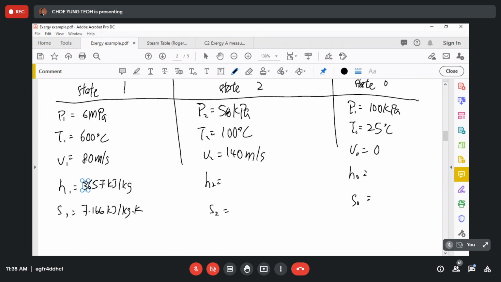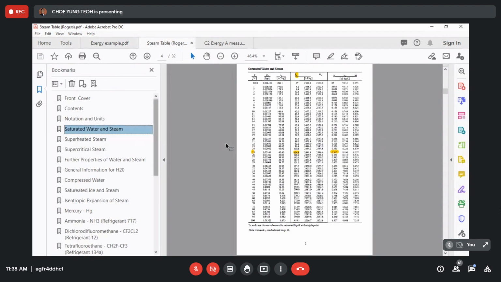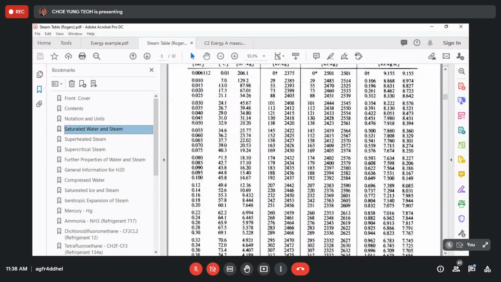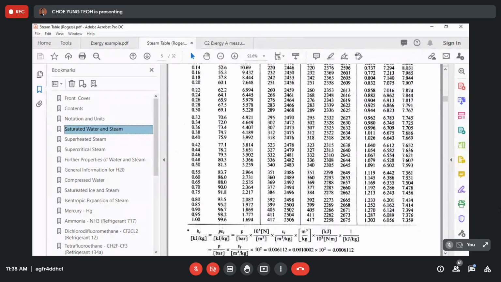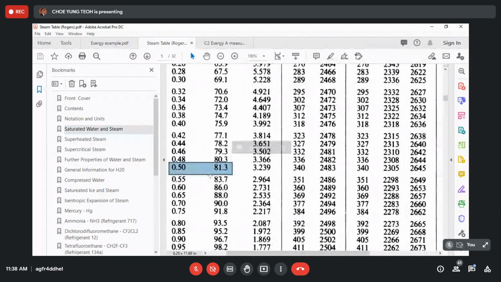Okay, then we go to state 2 and do the same thing: 50 kilopascal and 100 degrees Celsius. So I go to the saturated pressure table. 50 kilopascal refers to 0.5 bar. So the saturated temperature is 81.3. Beyond this value, it will be superheated steam.